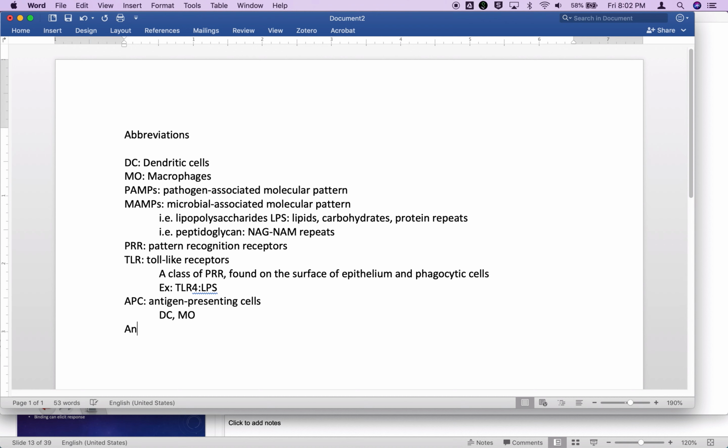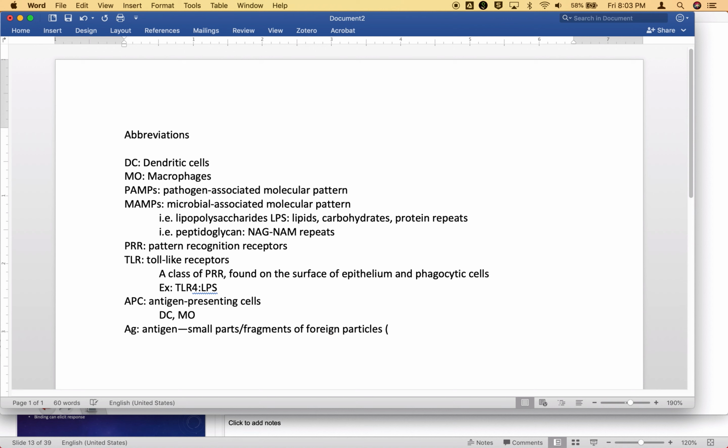So what is an AG? This is what I say is an antigen, which is small parts or fragments of foreign particles.